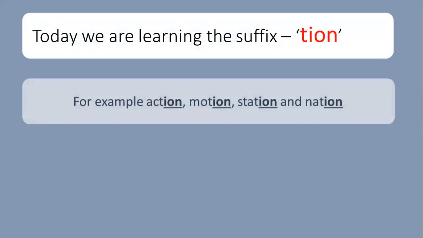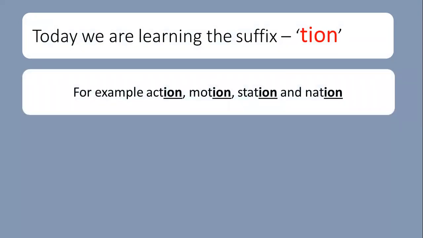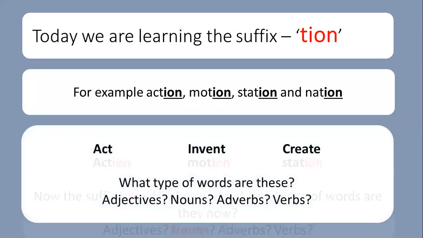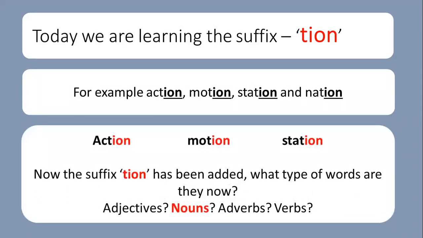Shen. For example, action, motion, station, and nation. Okay, here: action, motion, station. Now the suffix tion has been added. What type of words are they now?